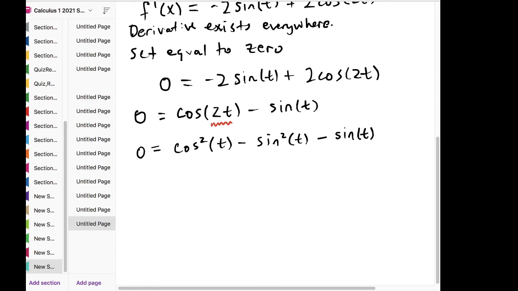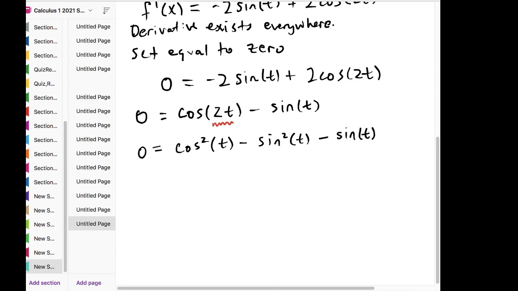Yeah, trig identity. Which trig identity do you want to use? Yeah, so what thing are you changing? So the Pythagorean identity is good, but which are you changing? Yeah, you want to change the cosine. So what is the Pythagorean identity for cosine squared?